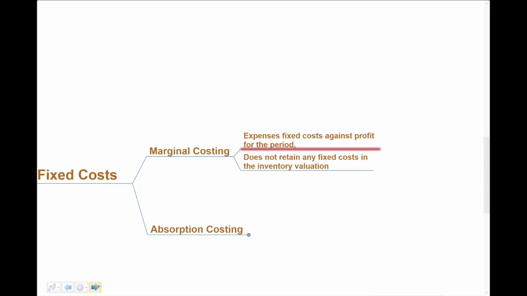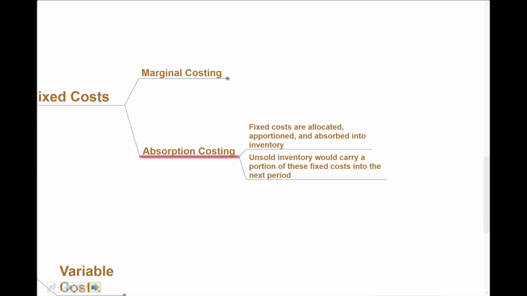And in addition, and this is the first time that we've mentioned this, this is important, it does not retain any fixed costs in inventory. I'm talking about in closing inventory, unlike what we'll see below, which is absorption costing, which does build fixed costs into inventory valuations.